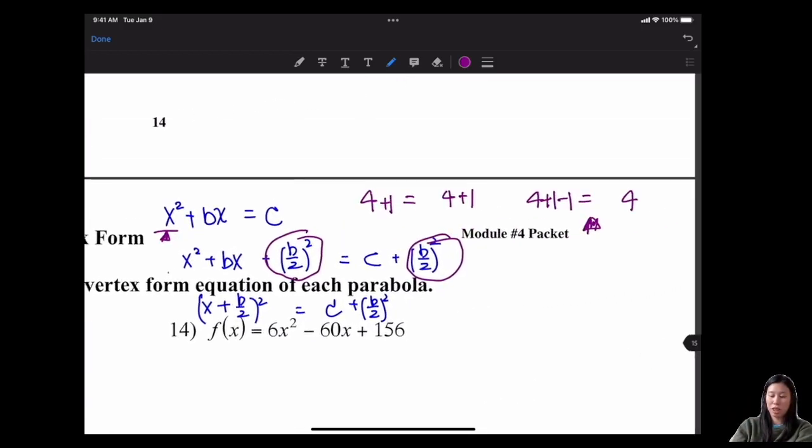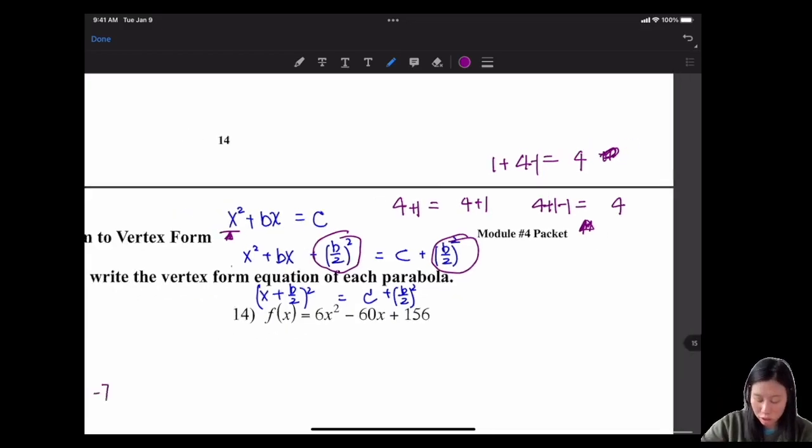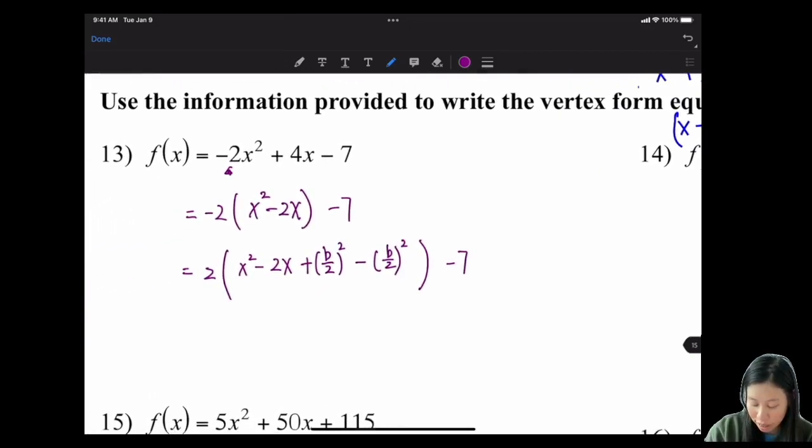Remember the example in here. If you want 4 equals 4, you add 1 on one side. In order to keep it even, you can either add 1 to the other side, or after you add 1, you subtract the 1 right away. So that's why when we add (b/2) squared, we then subtract the same thing.